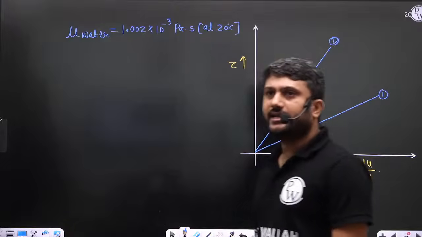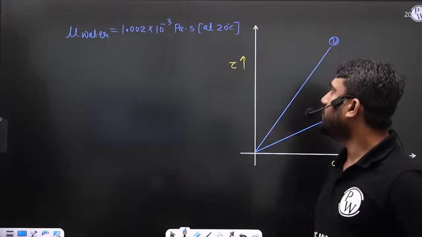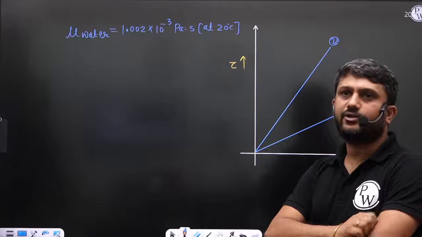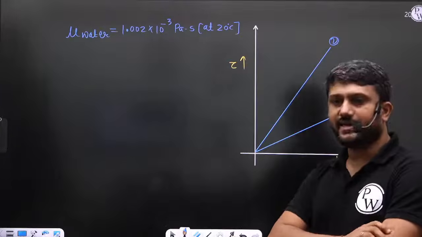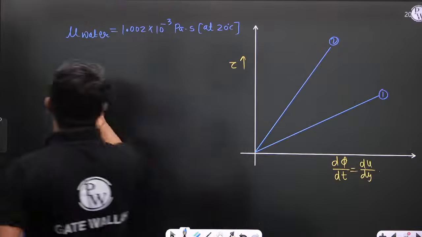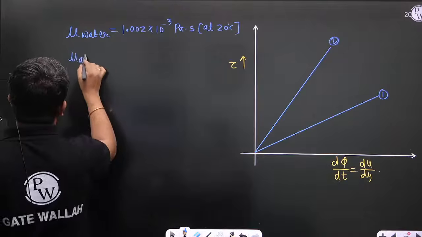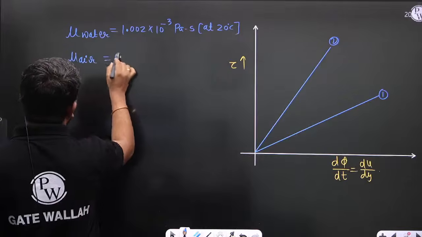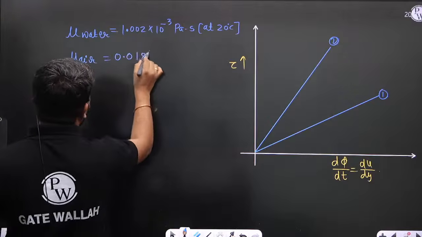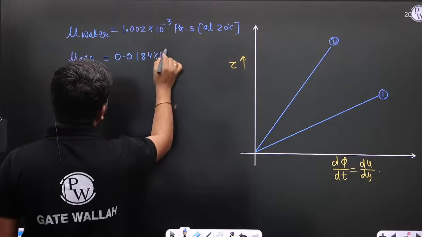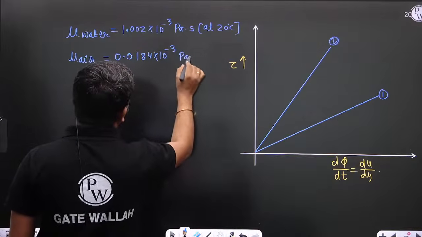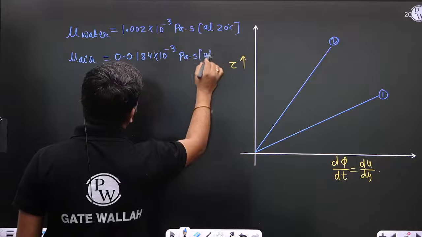So at 20 degrees Celsius, the viscosity of the water is 1.002 into 10 to the power minus 3 Pascal second. And the viscosity of air is 0.0184 into 10 to the power minus 3 Pascal second at 20 degrees Celsius.